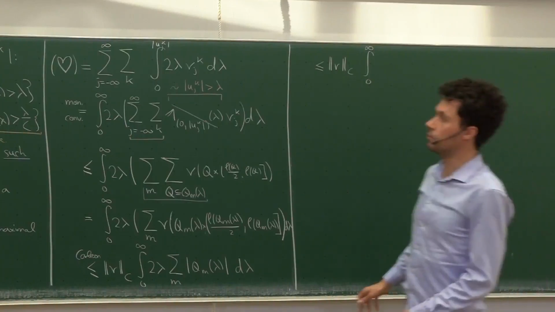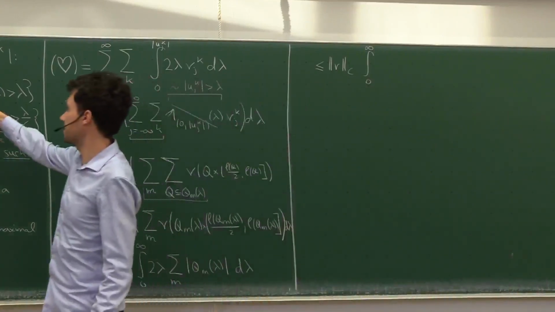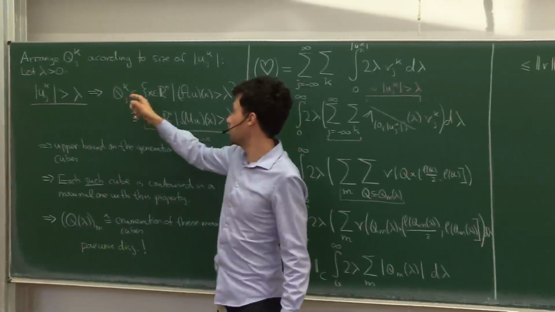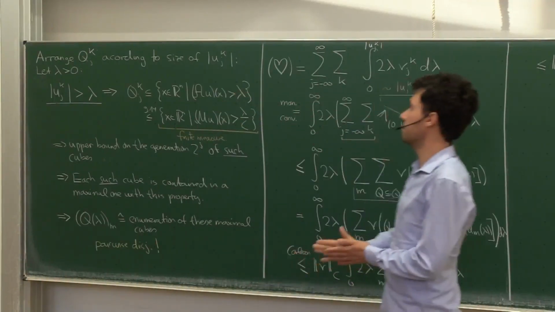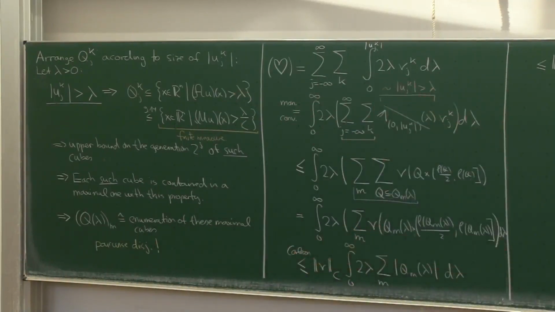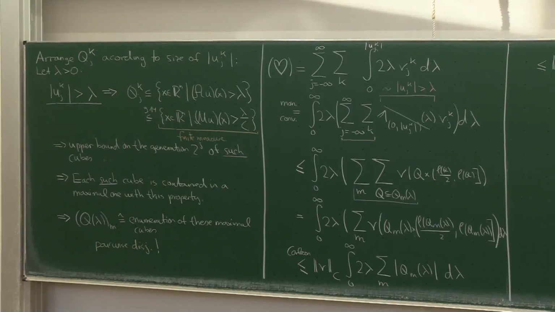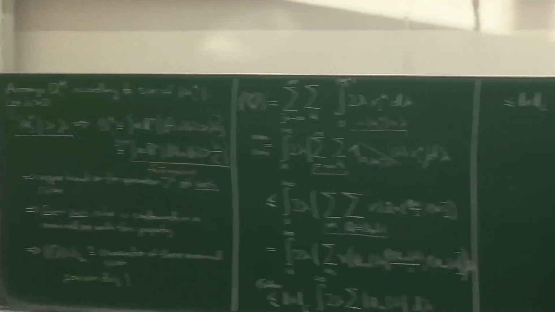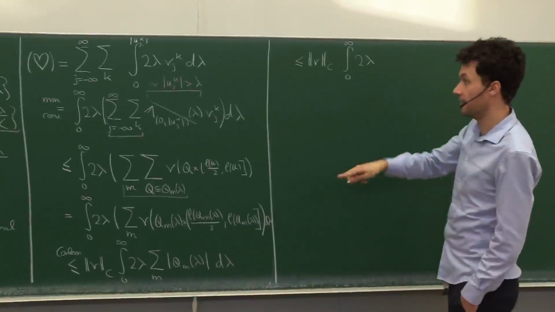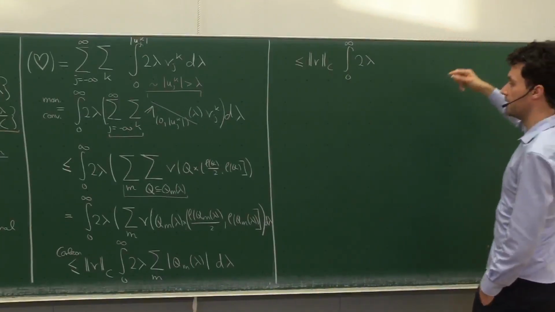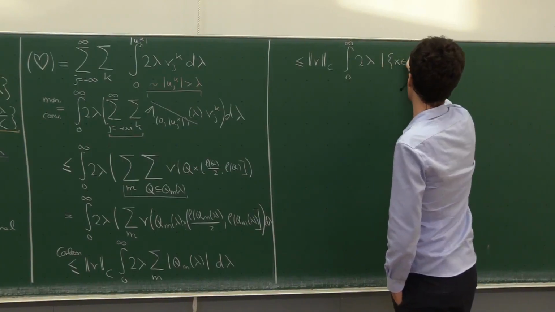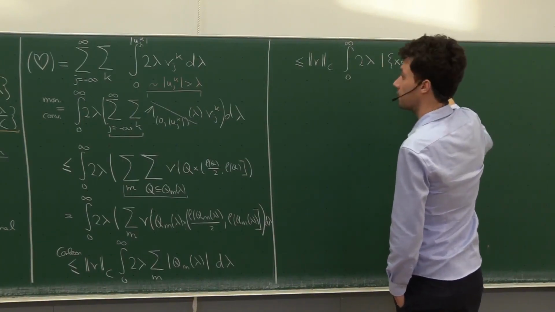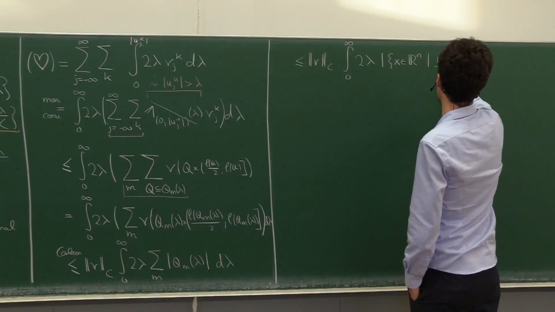But all these cubes are contained in that set. So the union over all these cubes is also contained in the superlevel set of the dyadic maximal function. So I'm going to skip the step where I write it as a measure of the union. I directly go to the superset containing it. So I write 2 lambda times the Lebesgue measure of the superlevel set of the dyadic maximal function.